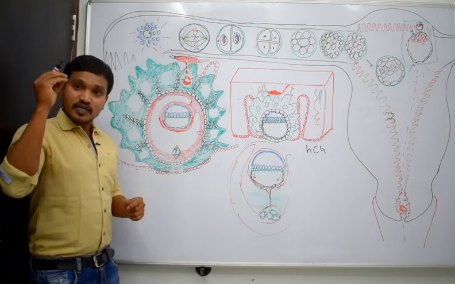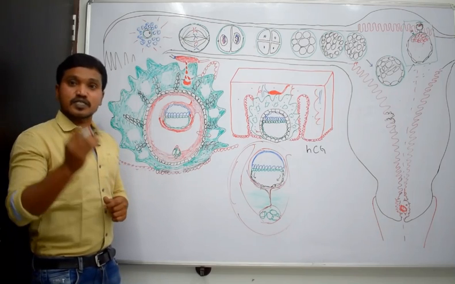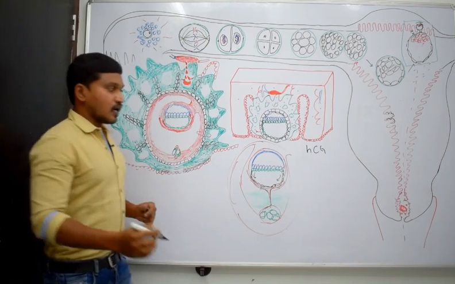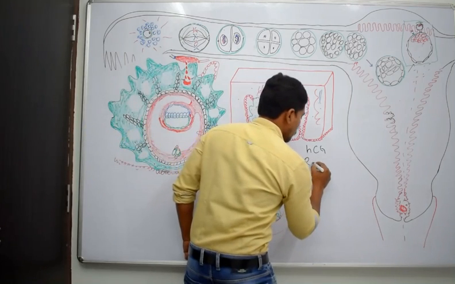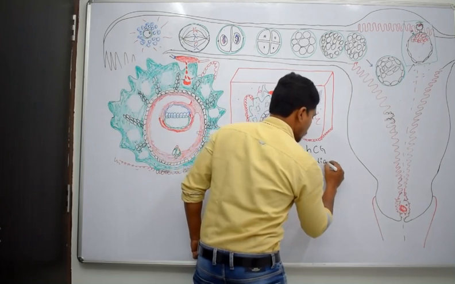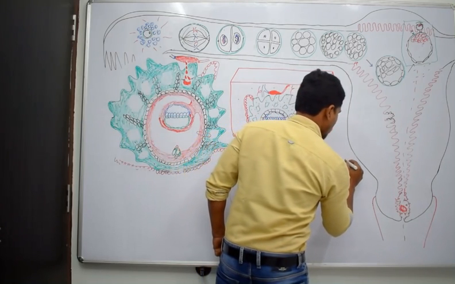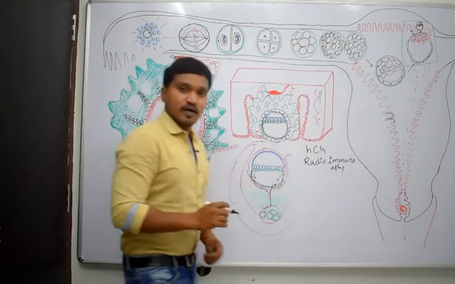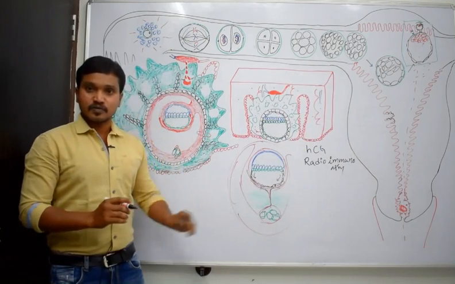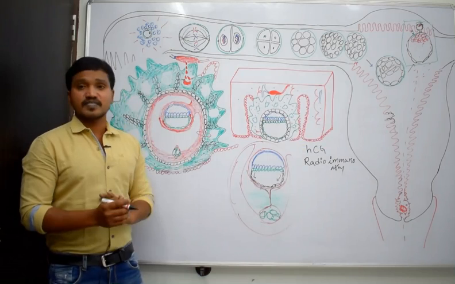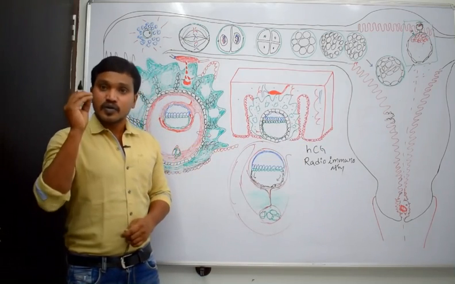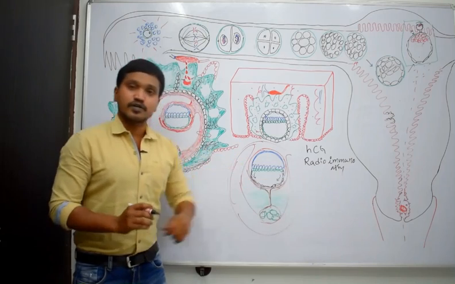That HCG which is present in the urine can be recognized by radioimmunoassay. So at the end of the second week, HCG will be sufficient to be recognized by the radioimmunoassay.